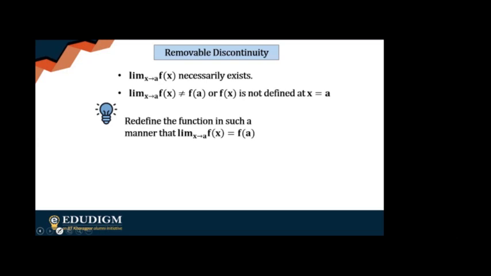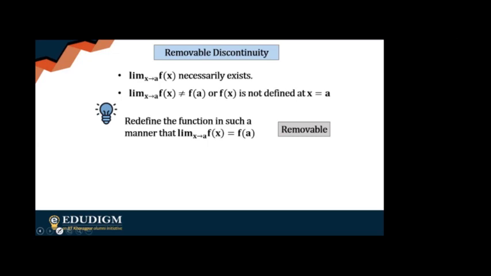Then you were asked to find the value of k so that it becomes continuous. So if you have the limiting value, you can assign that value to the functional value as well so that we can make it continuous. So this discontinuity is actually removable. We can define the functional value in such a manner that this discontinuity goes away. Okay. So suppose you know that the limiting value is 1, but the functional value becomes 2.